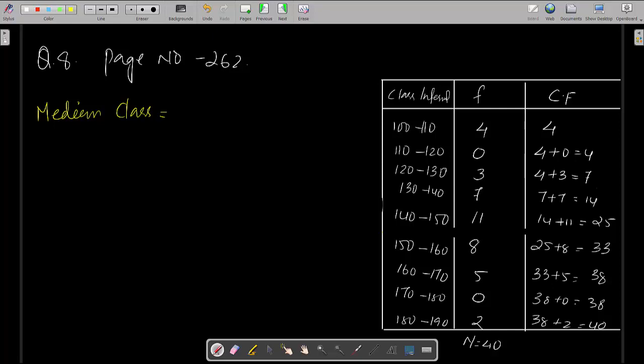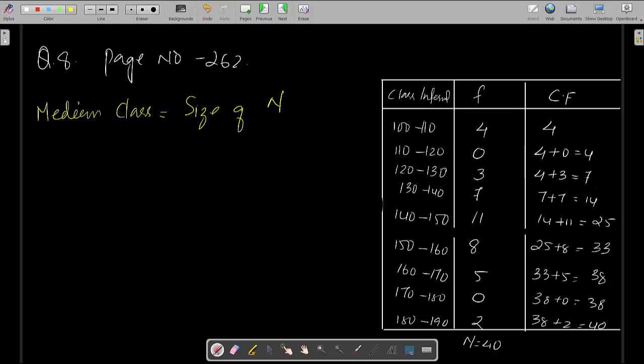But for a continuous series, to find the median class, it is size of n by 2 item. Clear? If you have any doubt, you can also refer to the textbook examples.